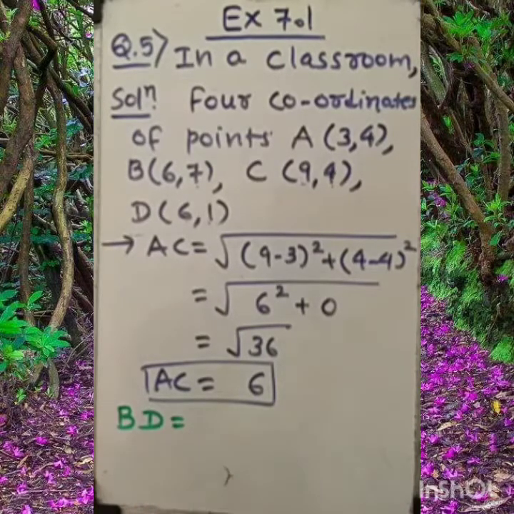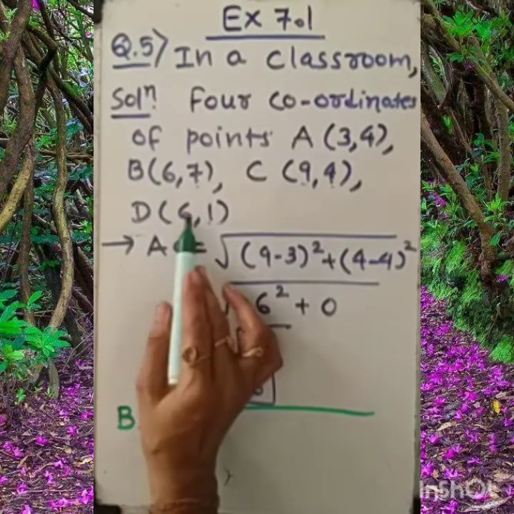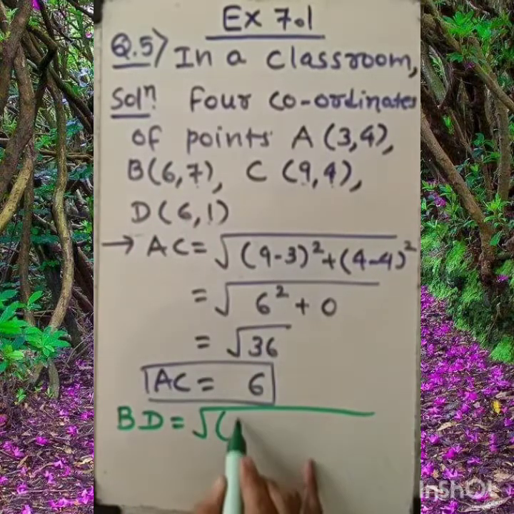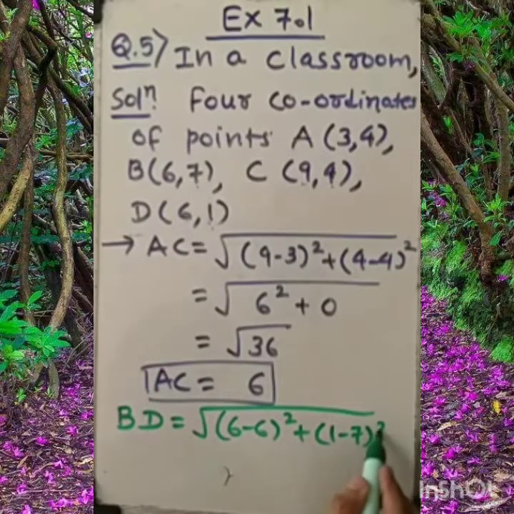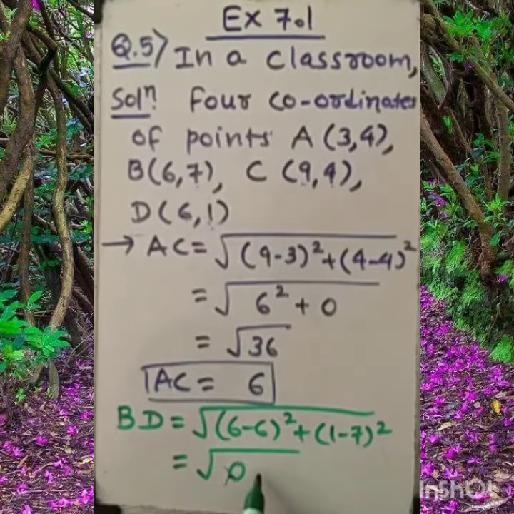BD equal to, now let's see what can be the BD. BD: 6 minus 6 plus 1 minus 7. So dear student, 6 minus 6 is 0 square, and 1 minus 7 is minus 6 square, that is again under root 36. So of course it is also coming 6.